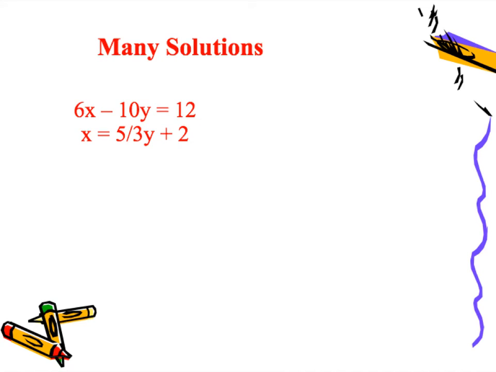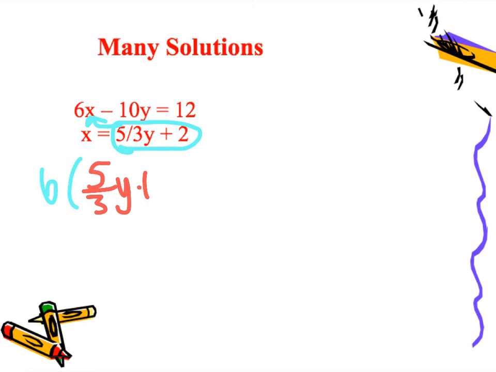Okay, here's another system of linear equations, and our second equation is solved for x. So I'm going to plug that into the first equation. So I get 6 times (5/3 y plus 2) minus 10y equals 12.